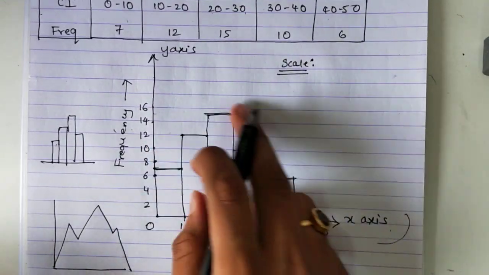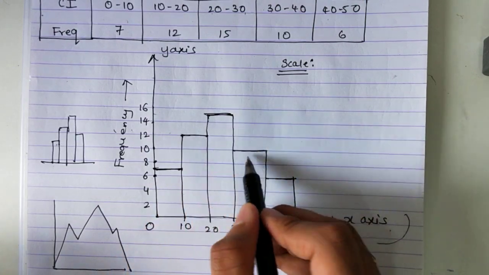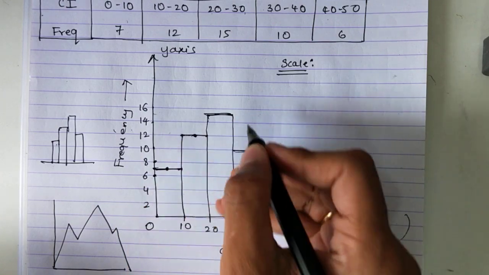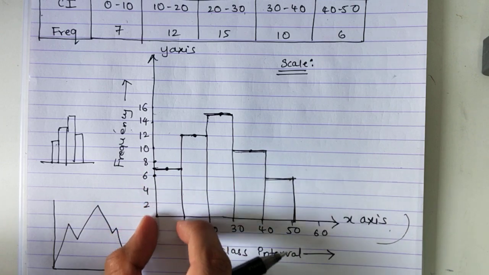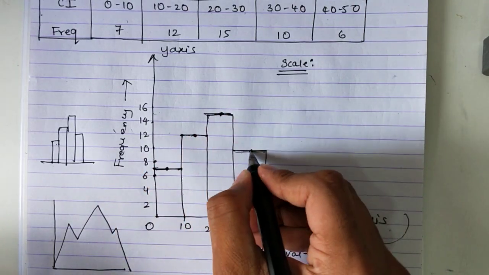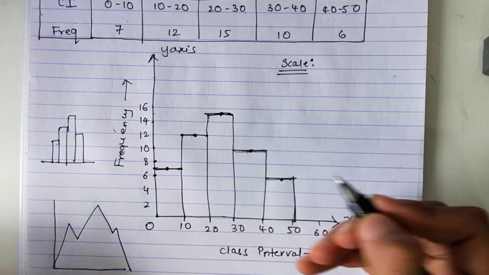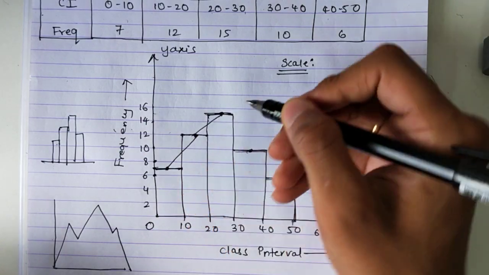When you draw a histogram, you have to mark the midpoints of the bars of the histogram. Whatever these bars are, you have to mark their midpoints. And once you mark the midpoints, you have to join these midpoints using a scale.